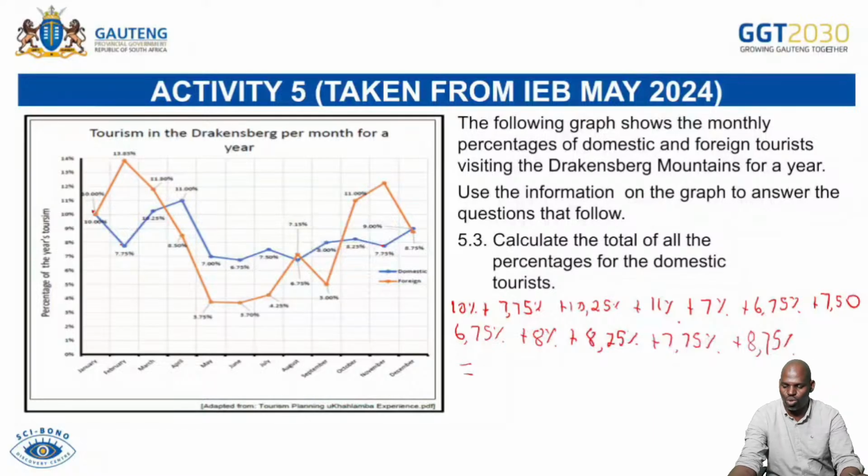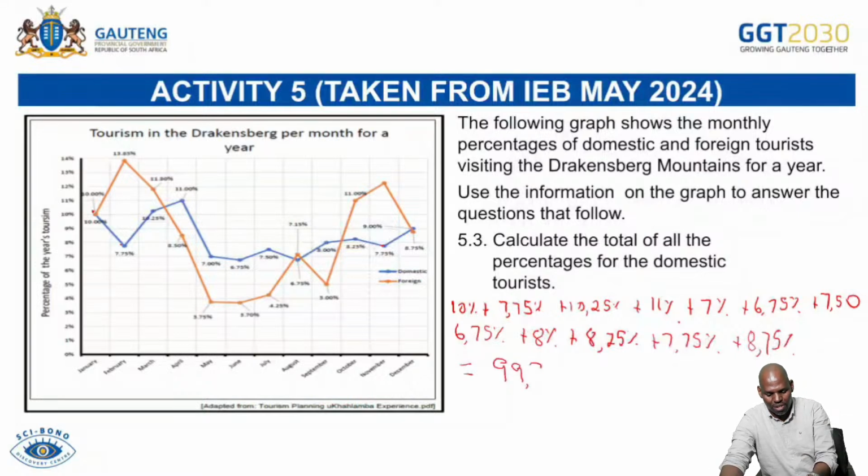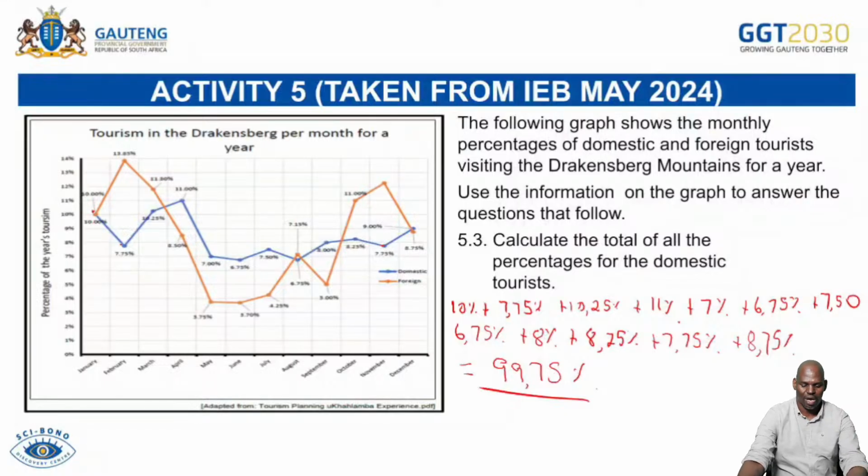So it's just a matter of taking your calculator and adding them up. 10 plus 7.75 plus 10.25 plus 11 plus 7 plus 6.75 plus 7.50 plus 6.75 plus 8 plus 8.25 plus 7.75 plus 8.75. I hope I've added everything. I'm getting 99.75%. So that will be the total. Okay, so that is the answer.